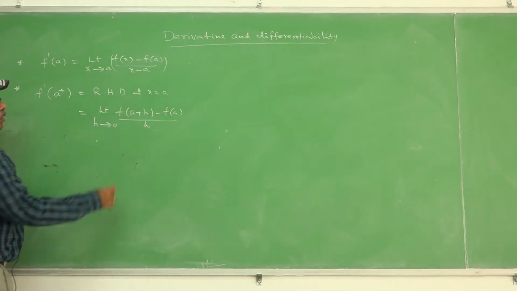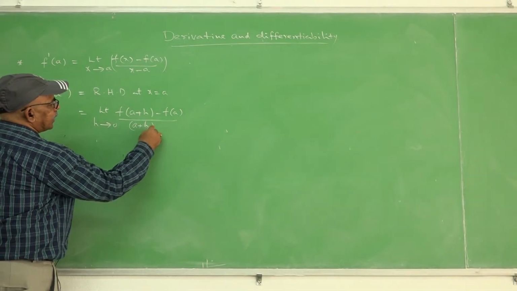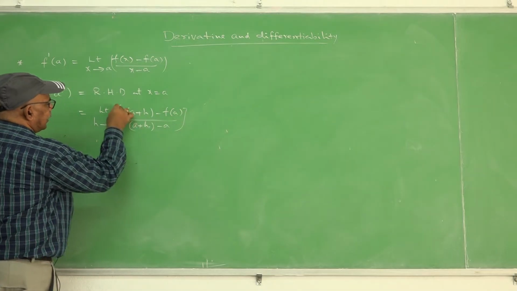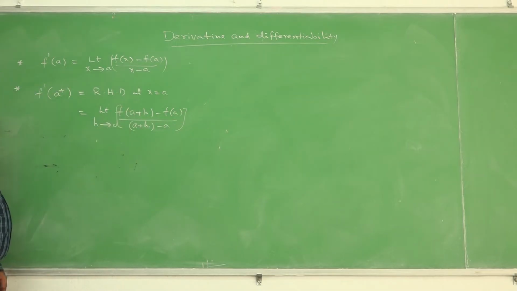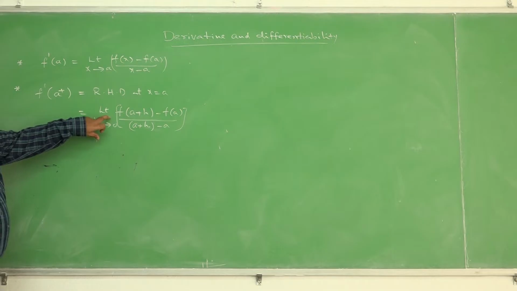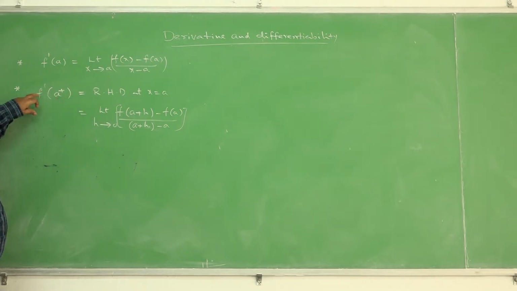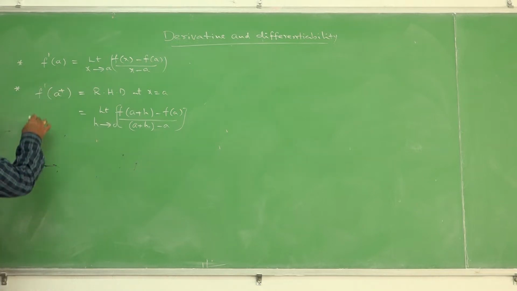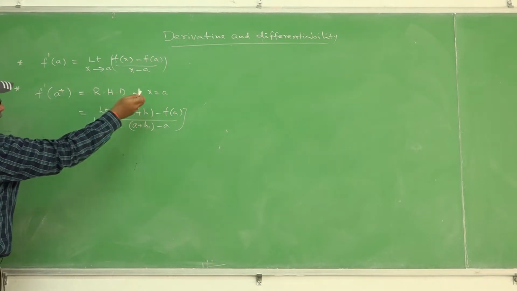Once this limit exists and takes a finite value, that limit is known as the right derivative, the right hand derivative, of the function at a.